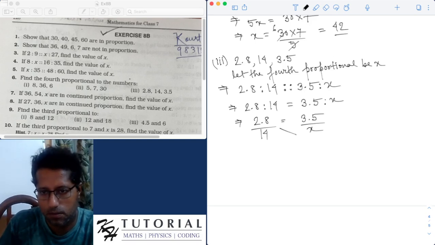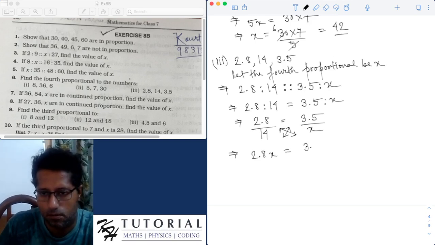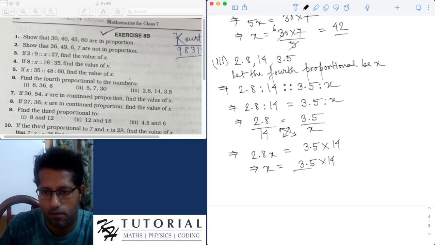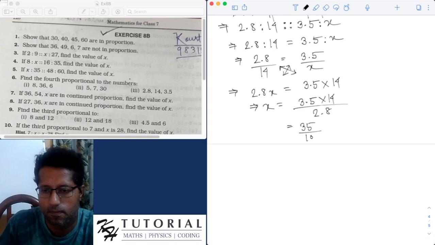Doing cross product, we get 2.8x equals 3.5 into 14, and this implies x equals 3.5 into 14 divided by 2.8. If we convert the decimals to fractions, we get this as 35 by 10 into 14 divided by 28 by 10.